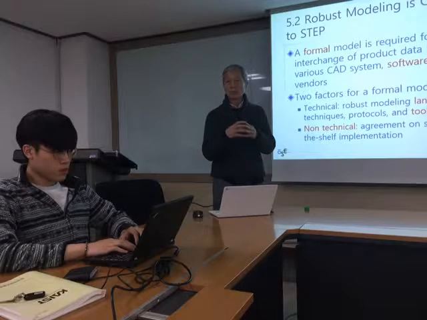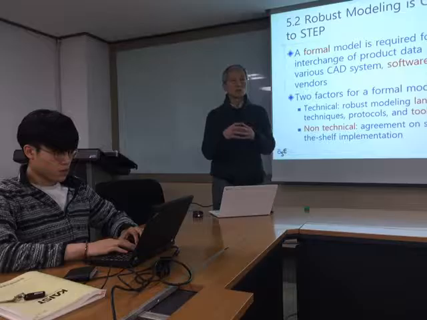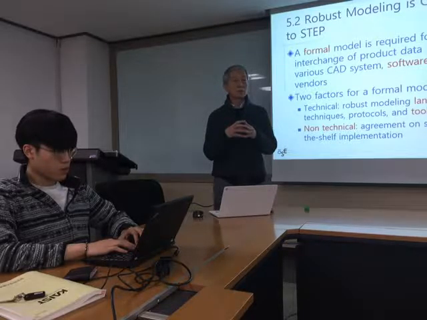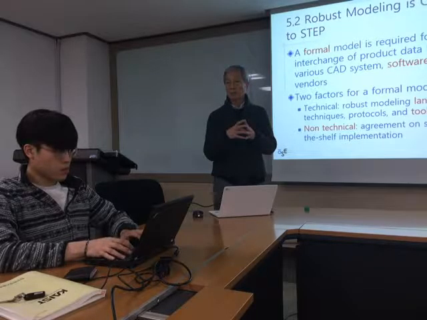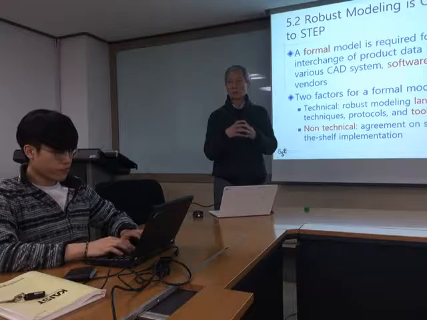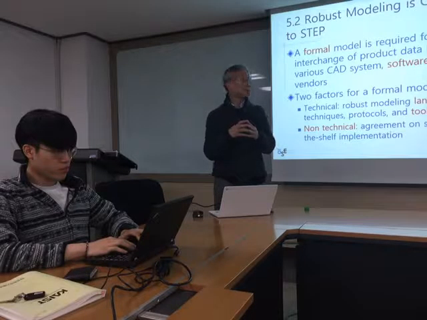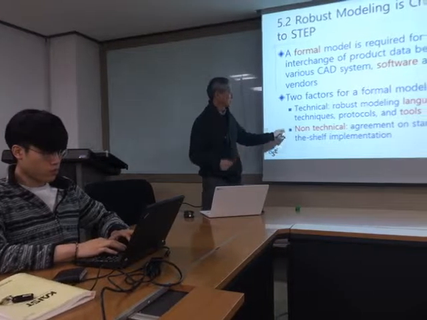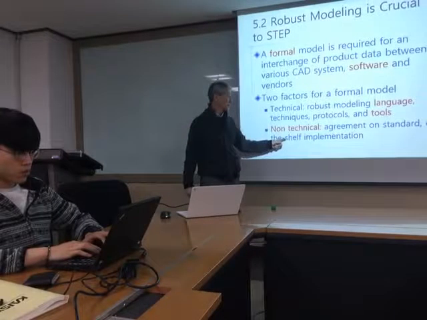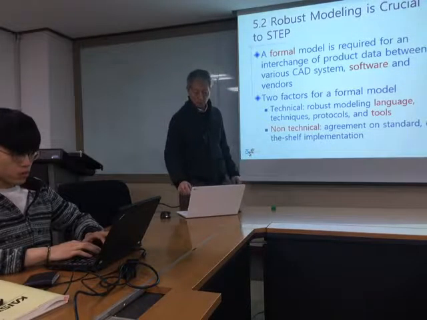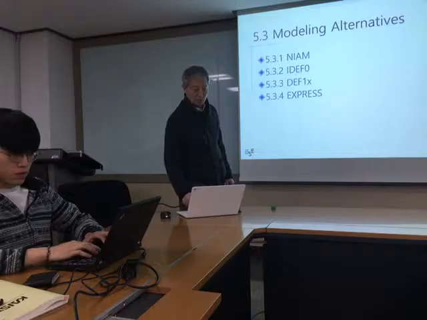As I told you before, for part 57, we are trying to make a new part of 57, and the CD ballot finished last week. So we just passed the balloting, and the rule is more than 2/3 is yes. So that kind of agreement, and also off-the-shelf software implementation is required.